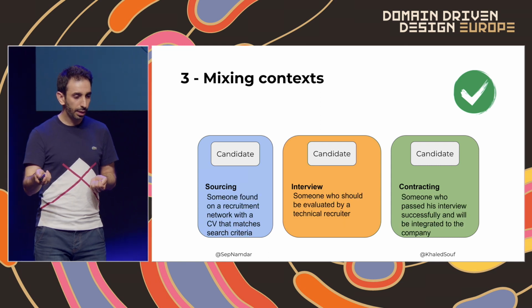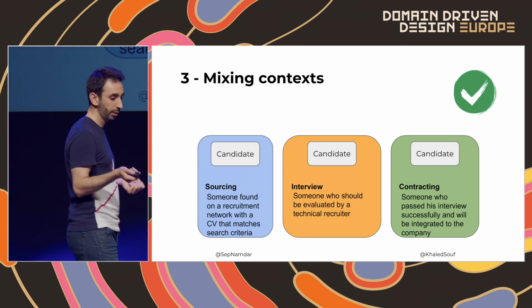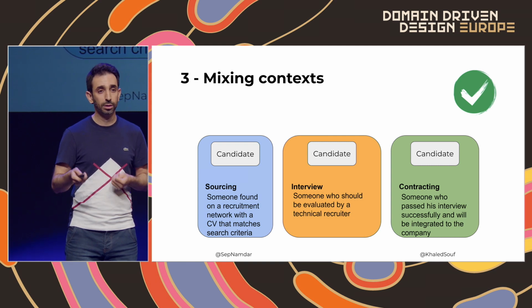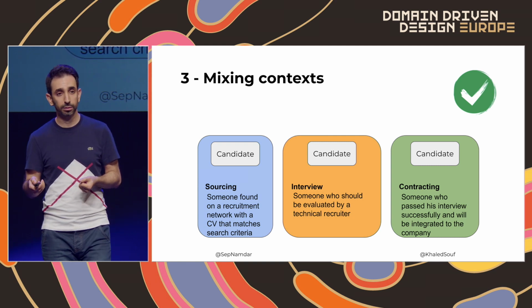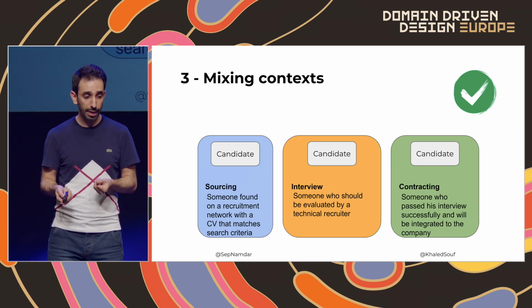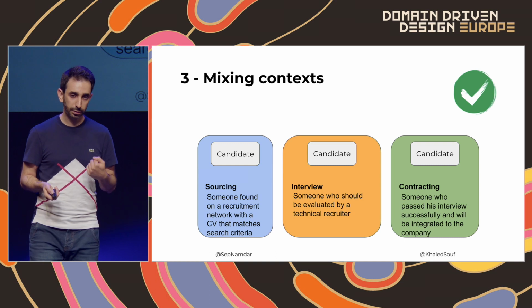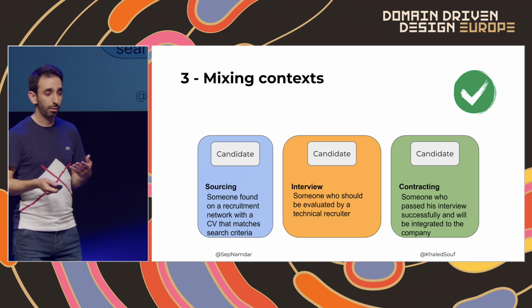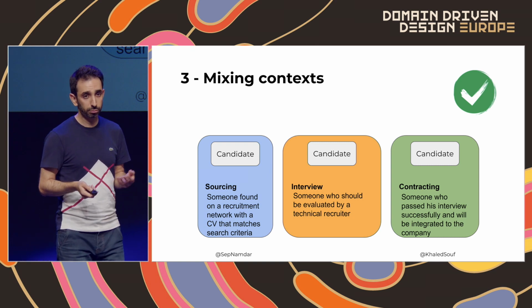So in the sourcing bounded context, a candidate is someone that we found in some social network, and their CV matches our criteria. In the interview bounded context, the candidate is someone that is supposed to pass the interview process.